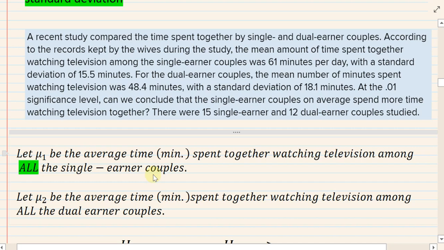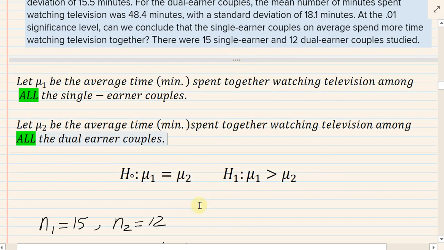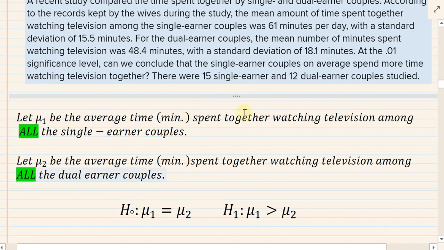So if I'm a single earner couple, let's say, this would pertain to me. I'm going to let mu2 be the average time spent together watching television among all dual earners. So the question being asked is whether, on average, single earner couples spend more time. The way I've defined this, that means mu1 is greater than mu2.